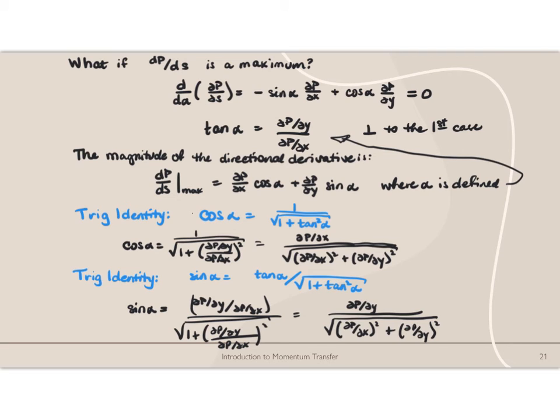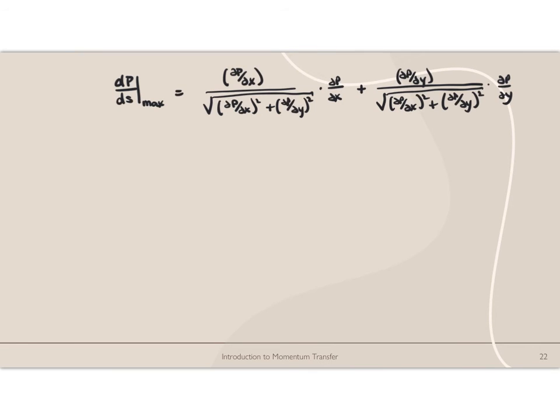So now let's take these and substitute these in to our definition of dp/ds max, this expression right here that we're looking at. So dp/ds at the case where it is a maximum is going to be dp/dx over the square root of dp/dx squared plus dp/dy squared times dp/dx, right?